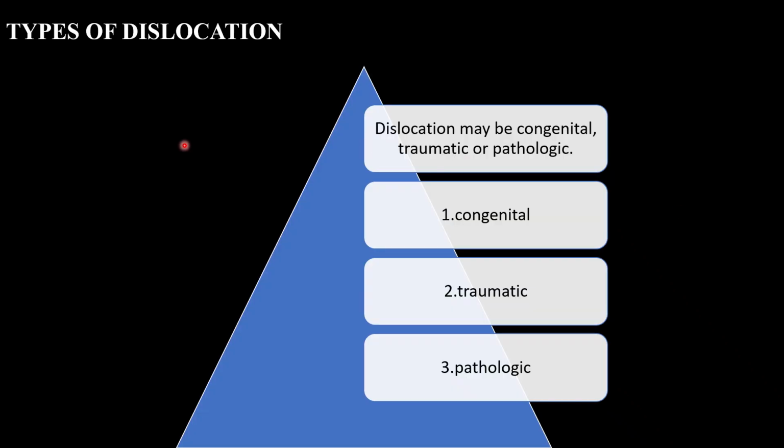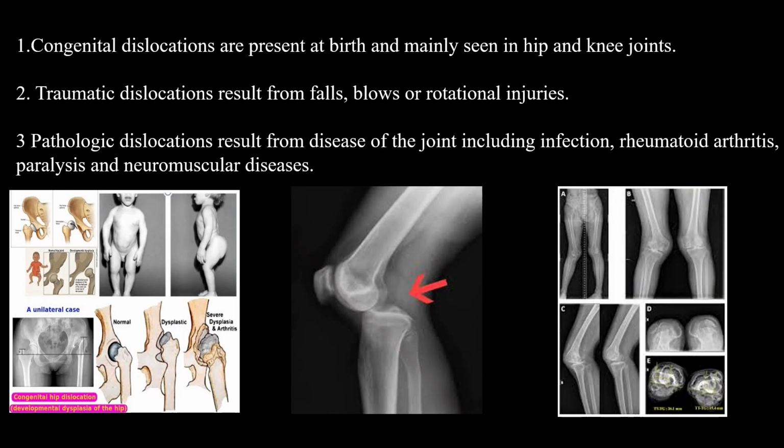Then types of dislocation. Dislocation may be congenital, traumatic, or pathologic. First is congenital, second is traumatic, third is pathologic. Congenital dislocations are present from birth, mainly seen in the hip and knee joints. The second one is traumatic dislocation, resulting from falls, blows, and rotational injuries.